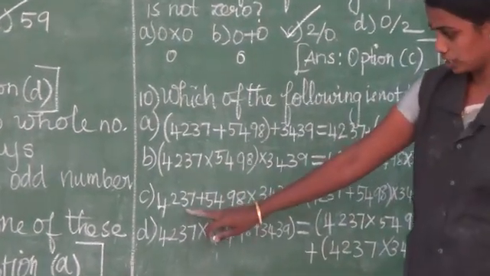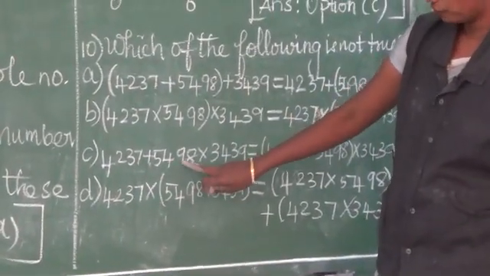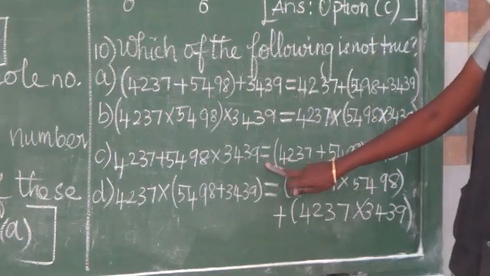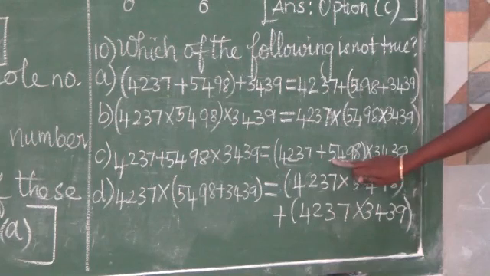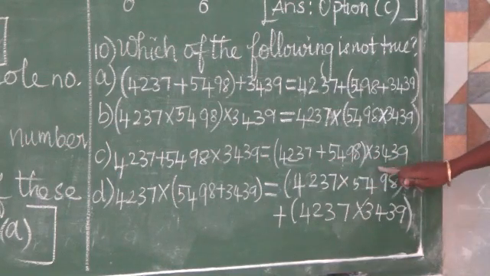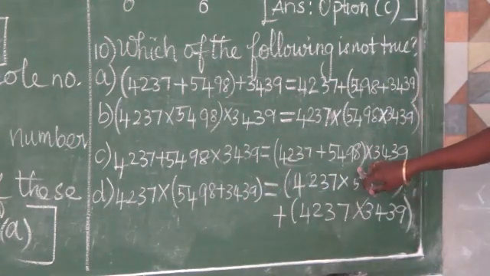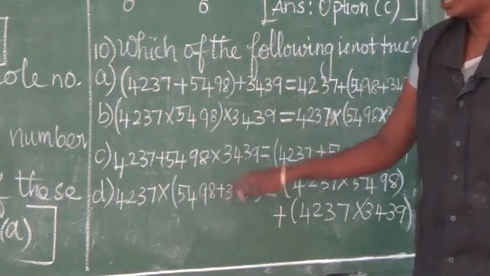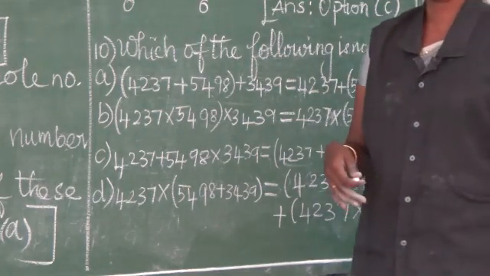Next, option C: 4,237 plus 5,498 into 3,439 equal to 4,237 5,498 3,439. Here we have 3 numbers, here also 3 numbers. But here 2 operations are there, plus and multiplication. We don't have plus and multiplication in any property.